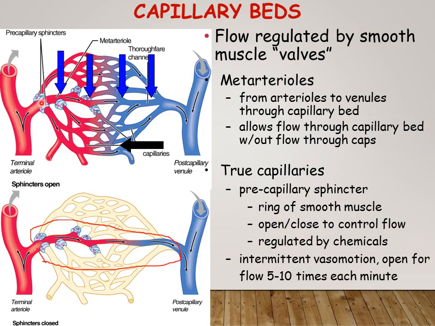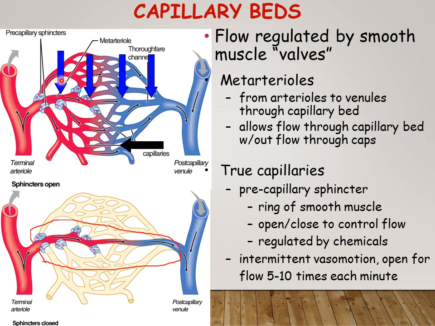Again you can easily see that the metarterioles, also known as resistance vessels, have precapillary sphincters at their terminal points, which are rings of smooth muscle encircling the blood vessel, in the area where metarterioles branch into the capillary bed.